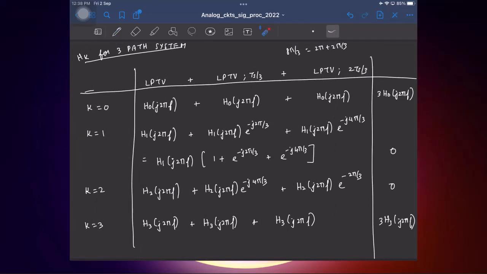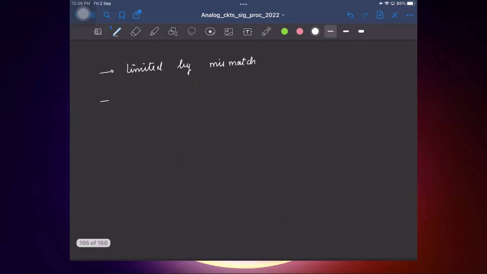And this cancellation also depends on one other thing. What is that? Time shifts, right? This became 0 because this was 2 pi by 3 and 4 pi by 3, and this was possible because the time shifts were exactly Ts by 3 and 2 Ts by 3. So in practice, if there is some delay in these shifts, it will not exactly cancel, right? And also delays in clock phases.